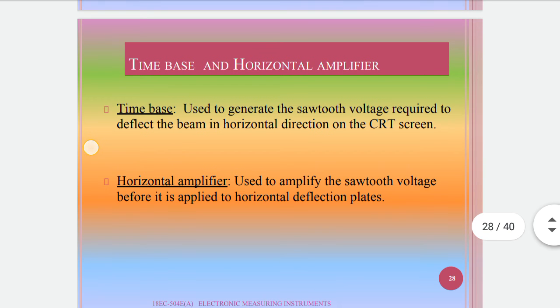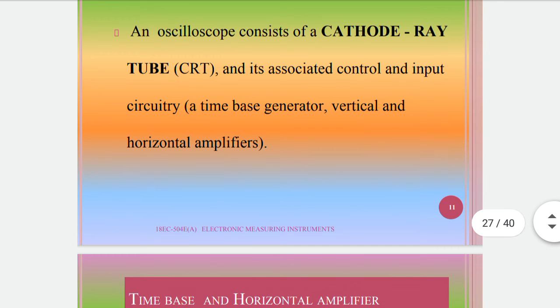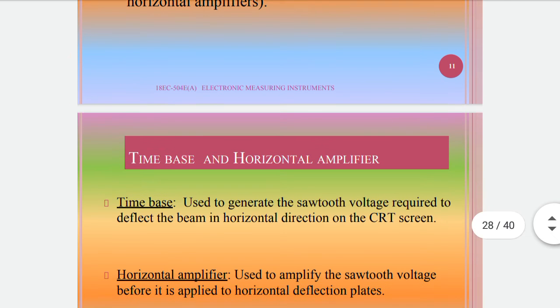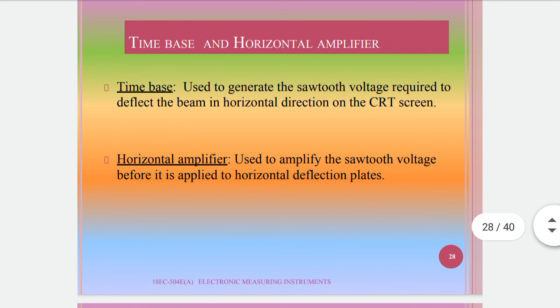That means that the oscilloscope or CRO consists of a CRT, time-based generator, and vertical and horizontal amplifiers. The time-based generator is used to generate the time-based waveform, that is nothing but the sawtooth voltage required to deflect the beam in the horizontal direction on the CRT screen.